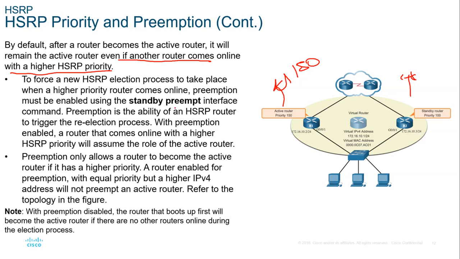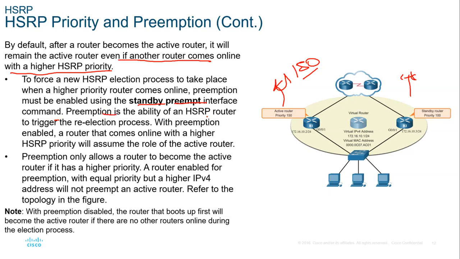So to force the new HSRP election process to take place when the higher priority router comes online, preemption must be enabled using standby preempt under the interface.